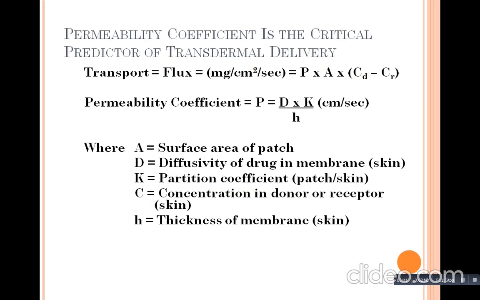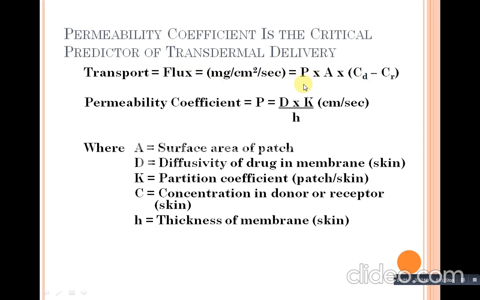Then, important parameters we must remember, which determine the rate of penetration or transport through the skin. Transport is also called flux, which is generally measured in milligram per centimeter square per second, and is equal to P into A into (CD minus CR).